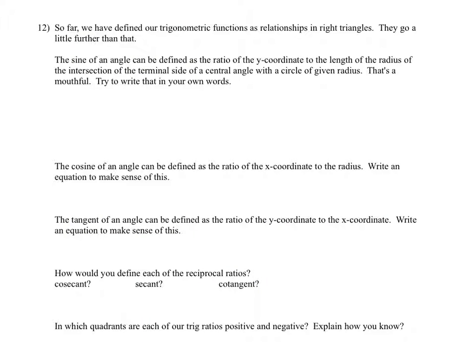For number 12, we're going to begin to digest some words. Here it says the sine of an angle can be defined as the ratio of the y coordinate to the length of the radius of the intersection of the terminal side of a central angle with a circle of given radius. Wow, that's a lot of stuff. So it's the y coordinate.